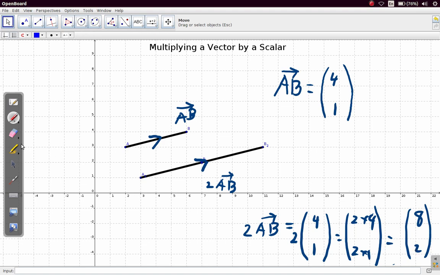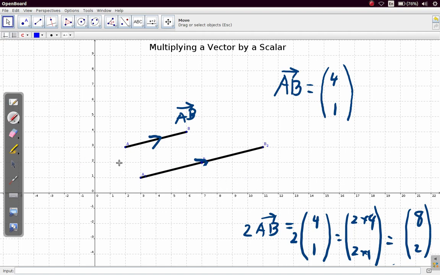So let's see what happens here. This is one end, and we go 1, 2, 3, 4, 5, 6, 7, 8 units to the right, 1, 2 units up. It seemed to work.